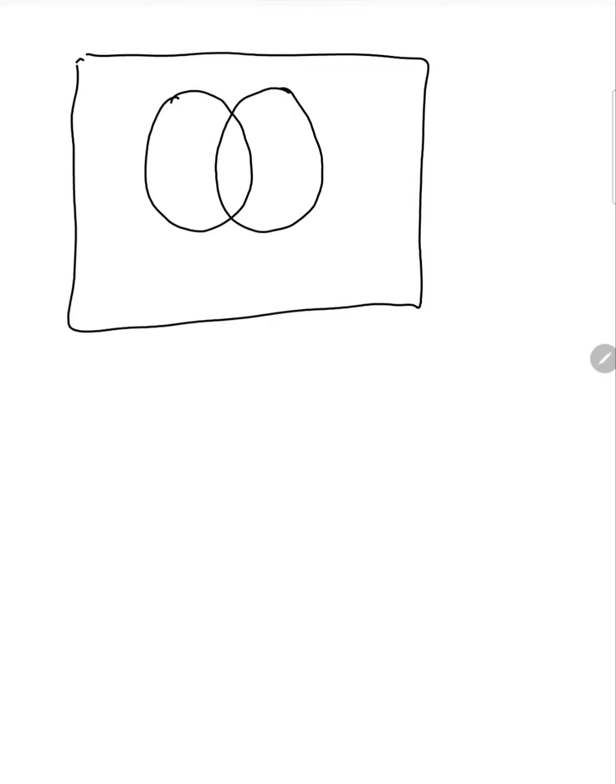So if we have our Venn diagram, then this is what? Our universal set. So we have this as set A and this circle as what? B. Now, if we are looking for the intersection of the two sets A and B, then we are saying it is the element that can be found in both sets.